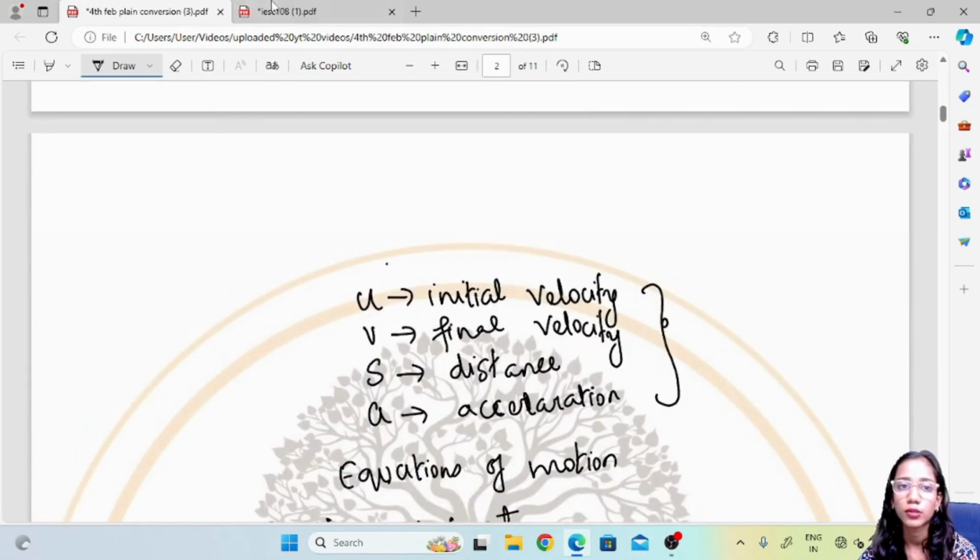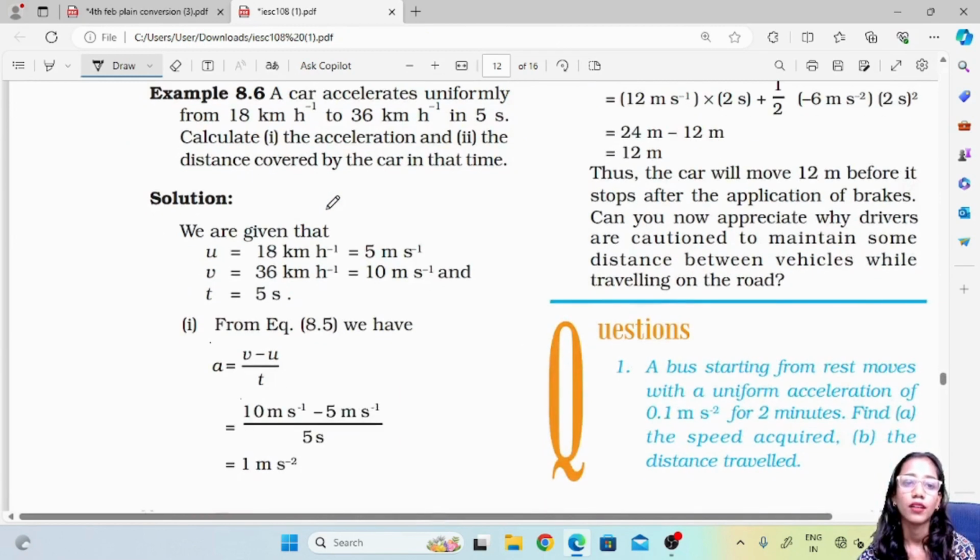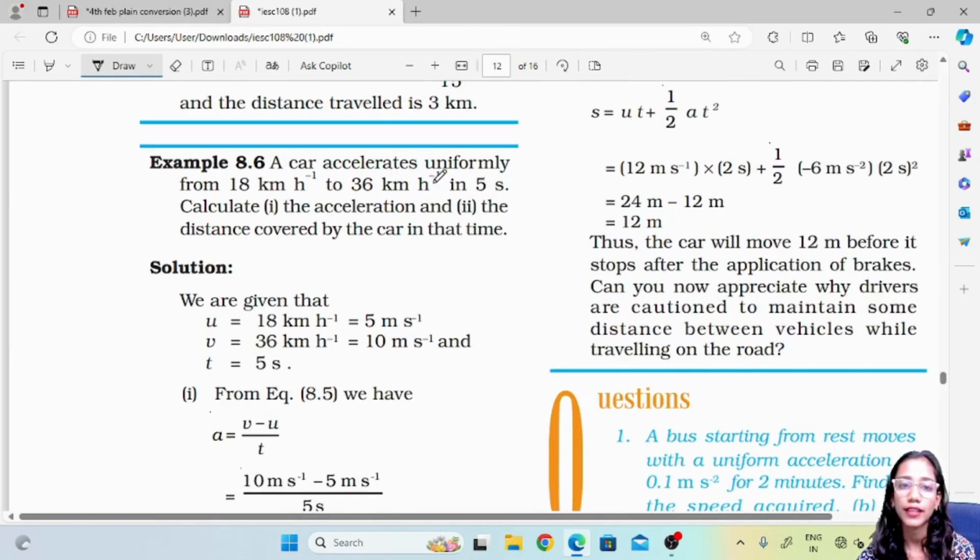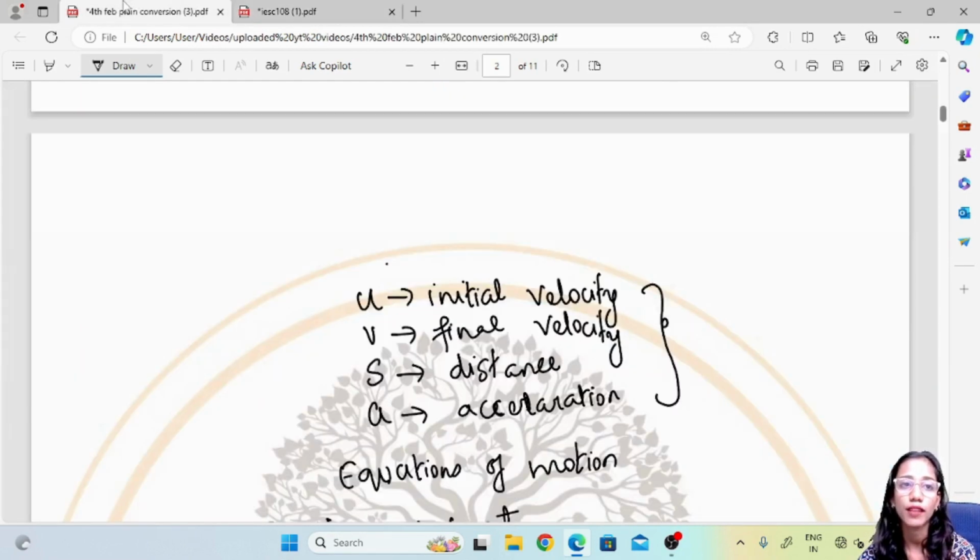Now we will do another problem, another numerical. This one: a car accelerates uniformly from 18 km per hour to 36 km per hour in 5 seconds. Calculate the acceleration and the distance covered by the car in that time. Now let us write what is given first. This is the initial velocity and this is the final velocity, and the time is 5 seconds.